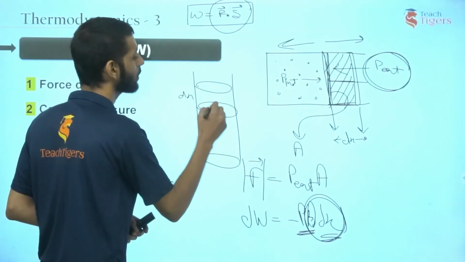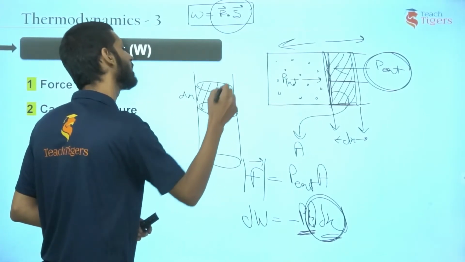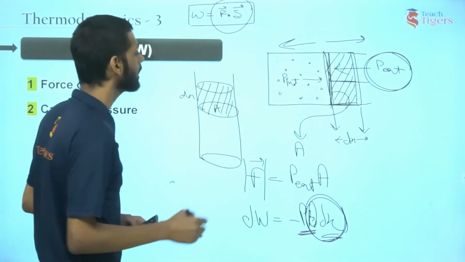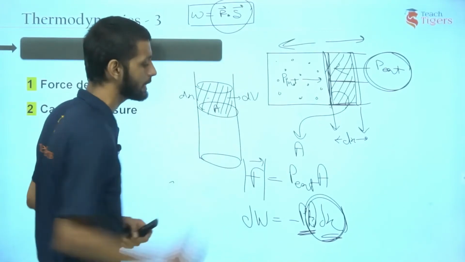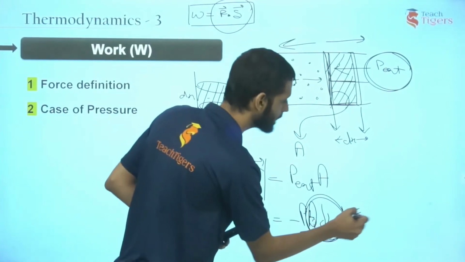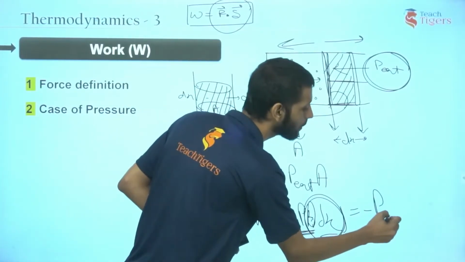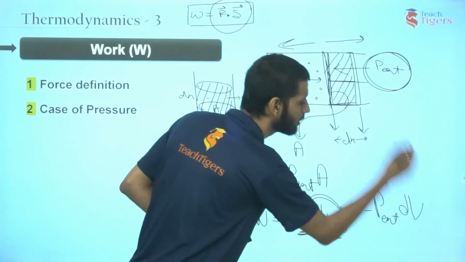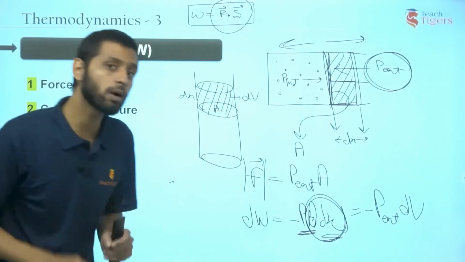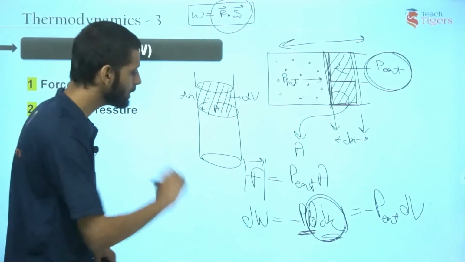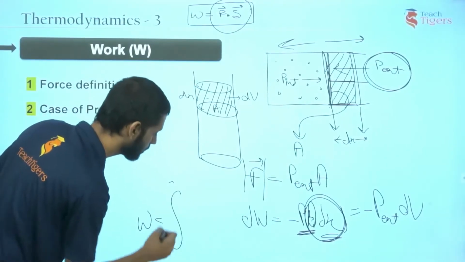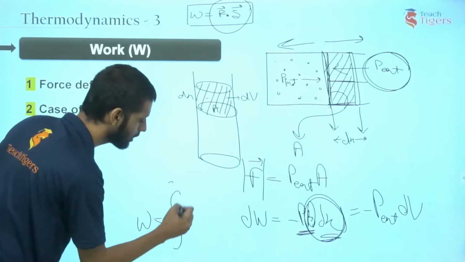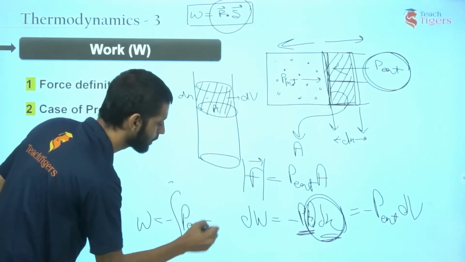You have dx, you have area A, and you can check that this area times dx gives you this small volume, which is dv. So dw is written as minus P external dv. And how do you calculate the total work from a small amount of work? You integrate it. The total work is the integral of, there's a negative sign, P external dv.